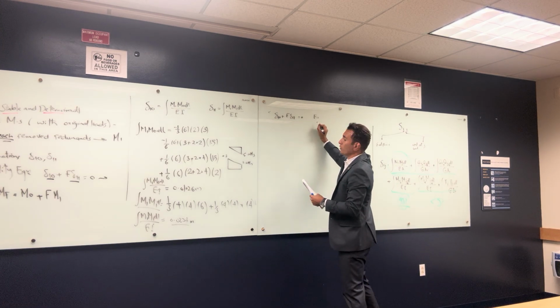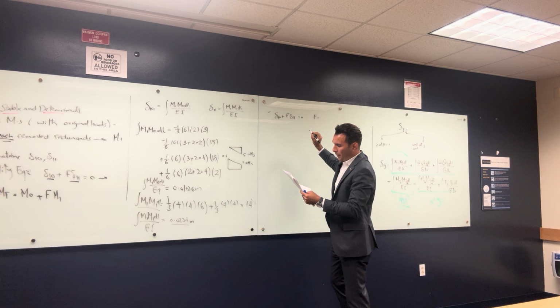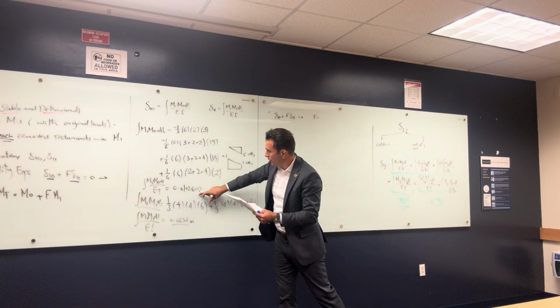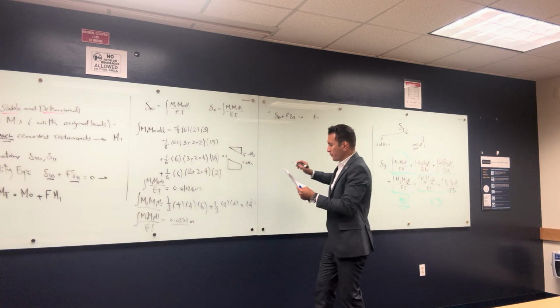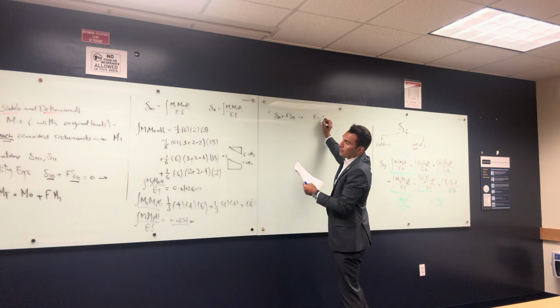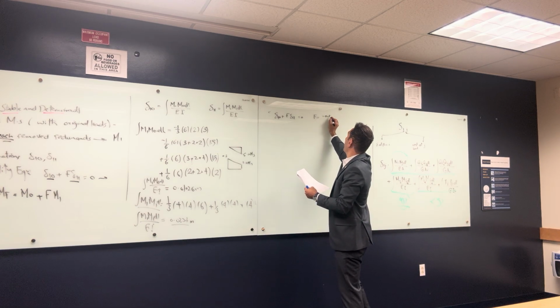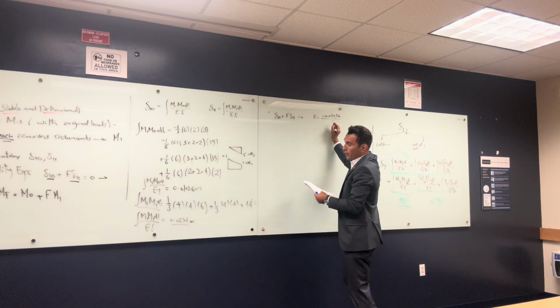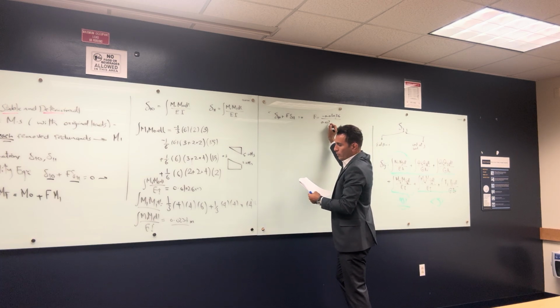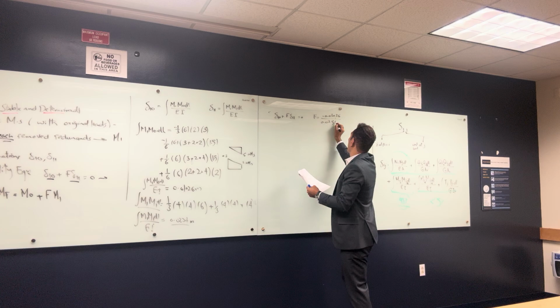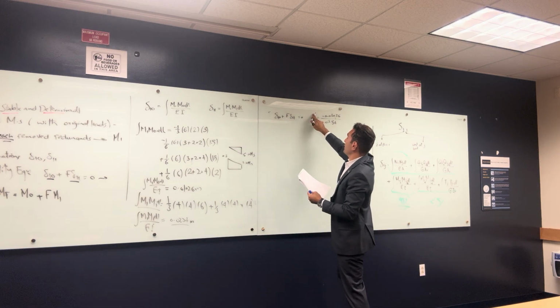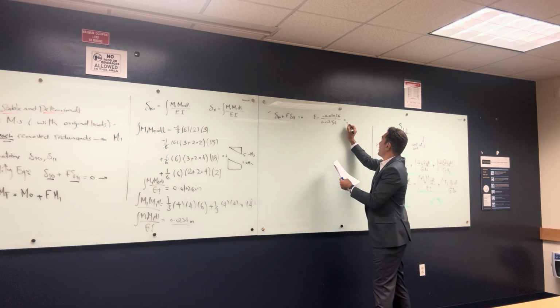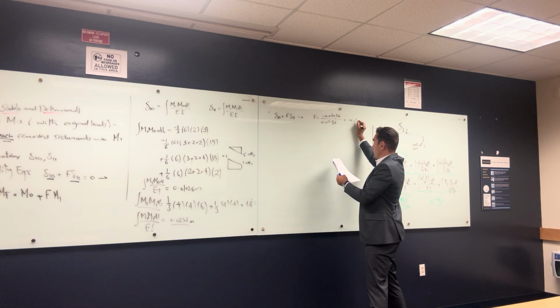So F is going to be equal to this one, which is going to be negative 0.01026 divided by 0.0234 when you send this to the other side, and the final force is going to be negative 0.452.